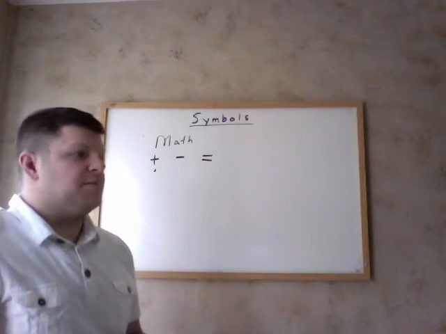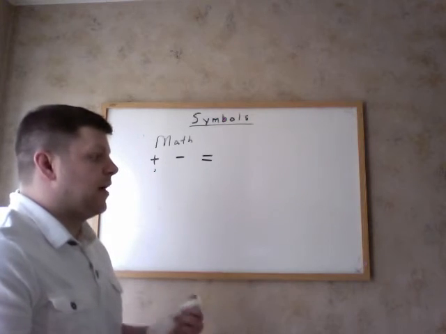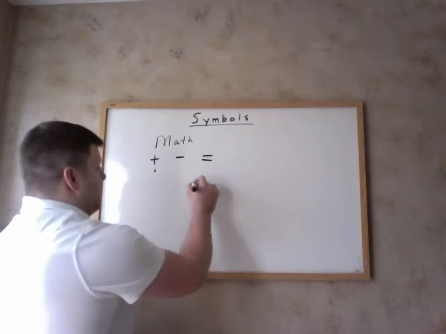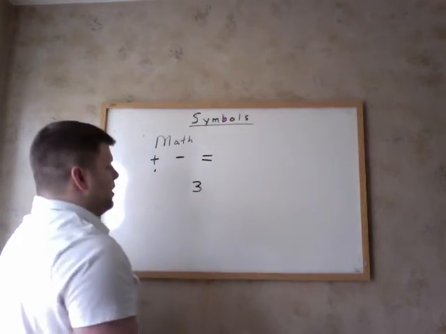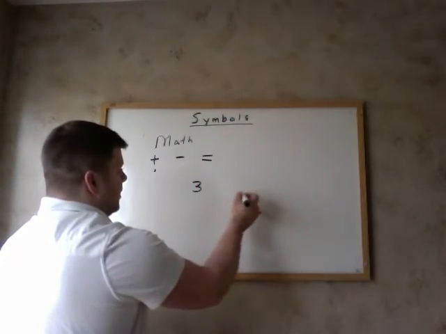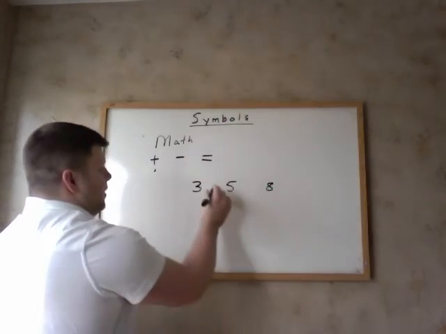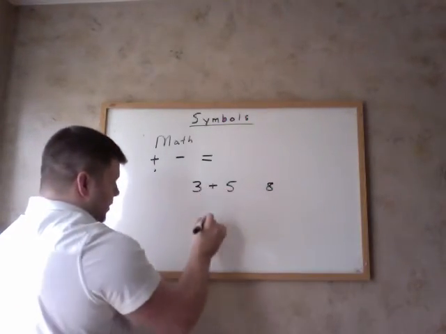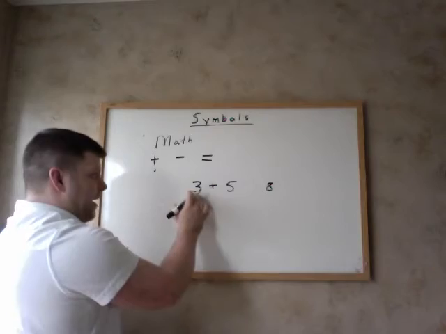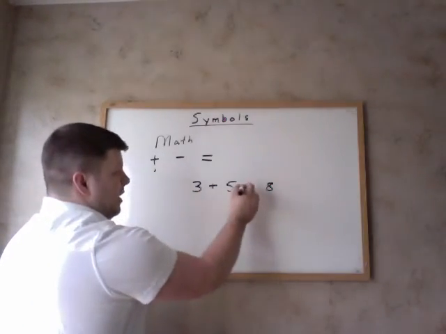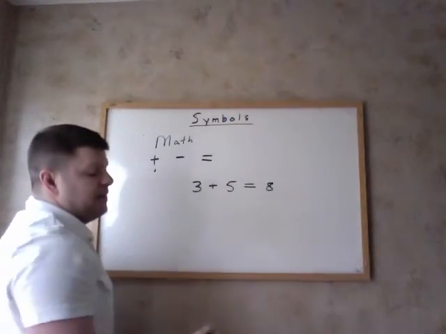So let's look at a basic math equation to determine how the symbol is impacted. For example, if I were to put these three numbers down, 3, 5, and 8, if I put a plus sign in between the two, I would know that I want to add 3 to 5, and then it would equal 8.